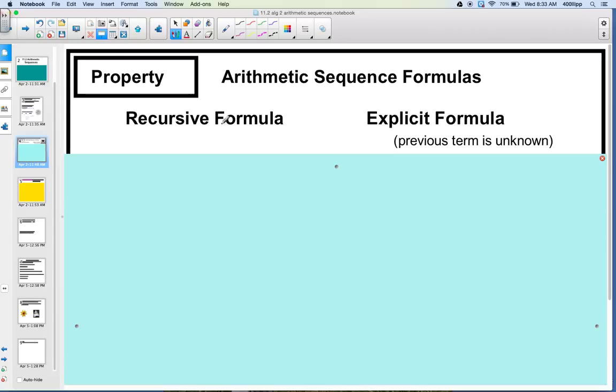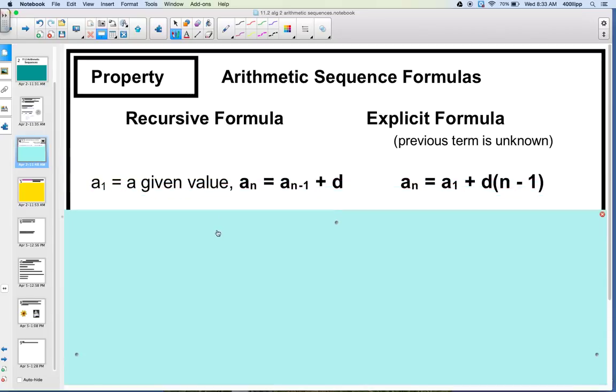For the recursive formula, you're going to have a sub 1, which is just a given value. Then we take the previous term, a sub n minus 1, which means the previous term, and add d to it, where d is your common difference.